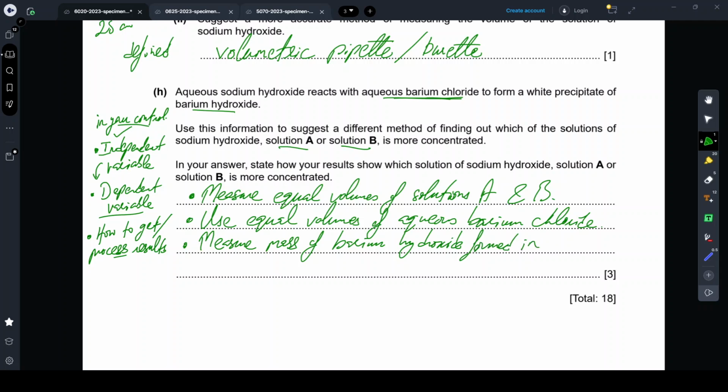So which one would have more barium hydroxide? The one that has more moles of reactant, the more concentrated one.